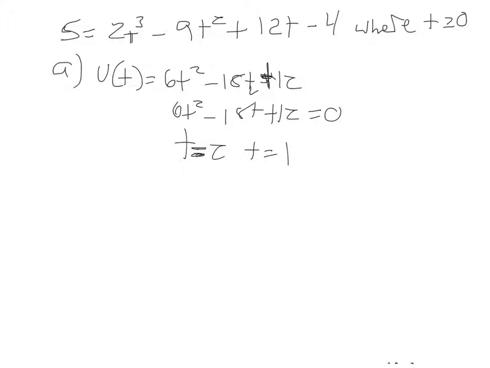I want to know, is the velocity positive or negative for each of these intervals? So pick a point in the interval and evaluate your velocity function. And I find that the velocity is positive in the interval from 0 to 1. The velocity turns out to be negative in the interval from 1 to 2.